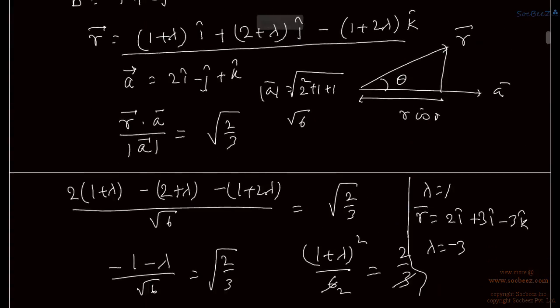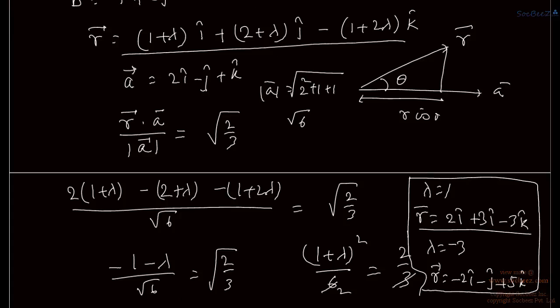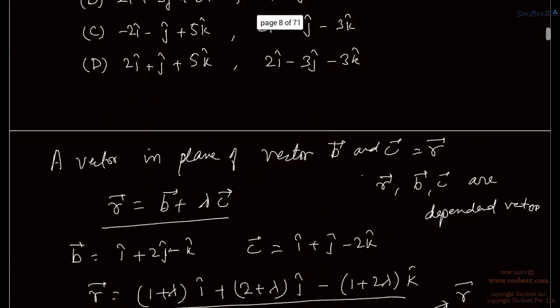So if we take lambda is equal to minus 3, then we will be getting R vector as 1 minus 3, that is minus 2i, minus j, minus 6 plus 1, minus 5, plus 5k. So we have 2 R vectors. One is 2i plus 3j minus 3k, and another is minus 2i minus j plus 5k.